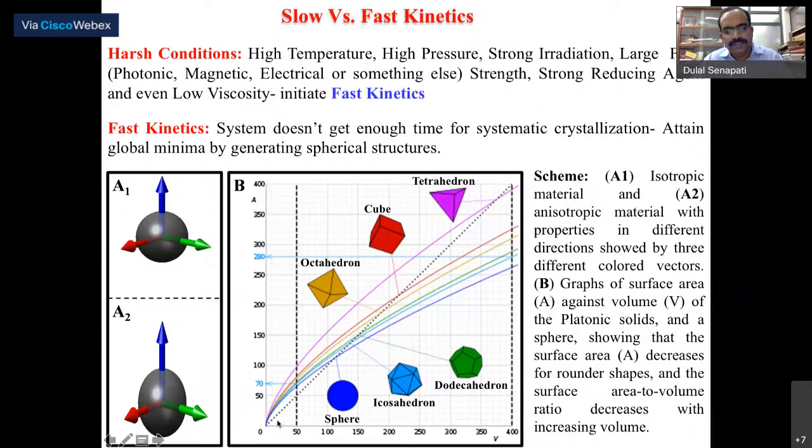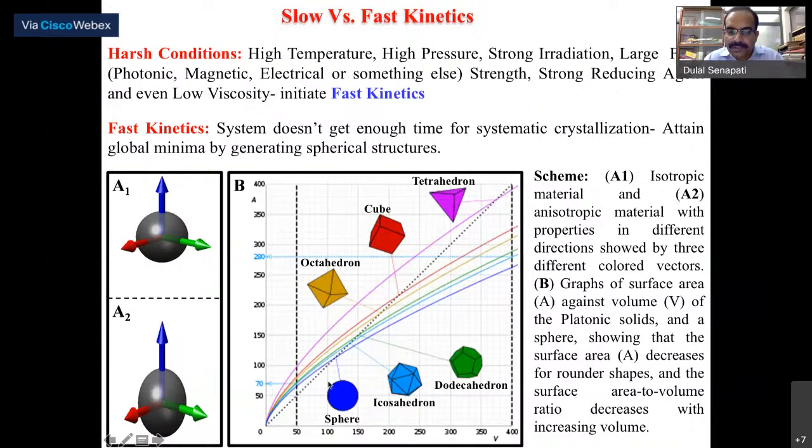Also you can see in the B plot, when we consider different shapes, there are 5 platonic solids, all of which evolved from the sphere: tetrahedron, cubic, octahedron, icosahedron, and dodecahedron.